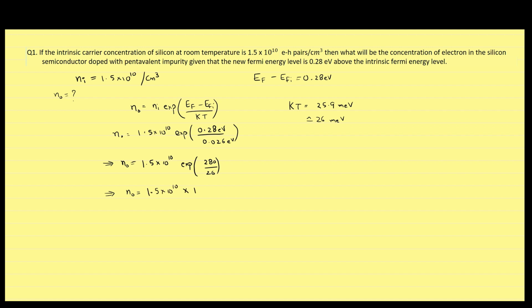After using the virtual calculator, I got the value to be around 4.75 into 10 to the power 4, which gives the electron concentration to be around 7.13 into 10 to the power 14 per centimeter cube.